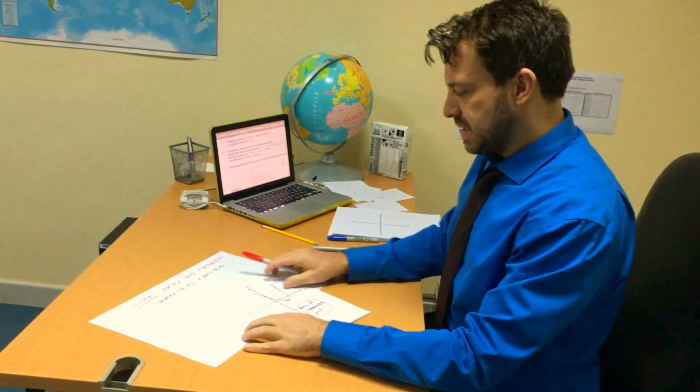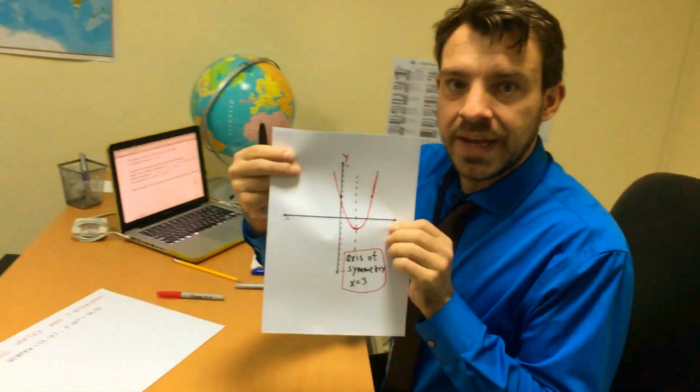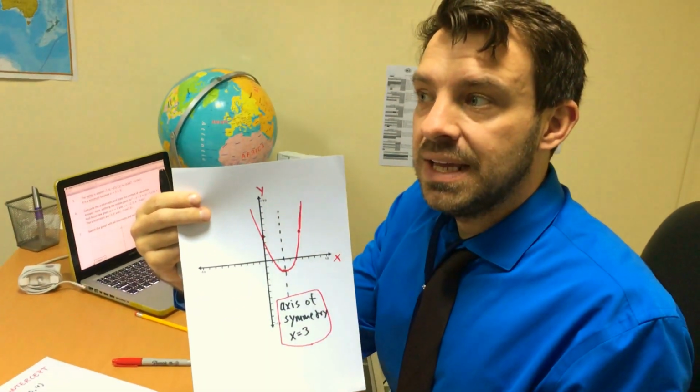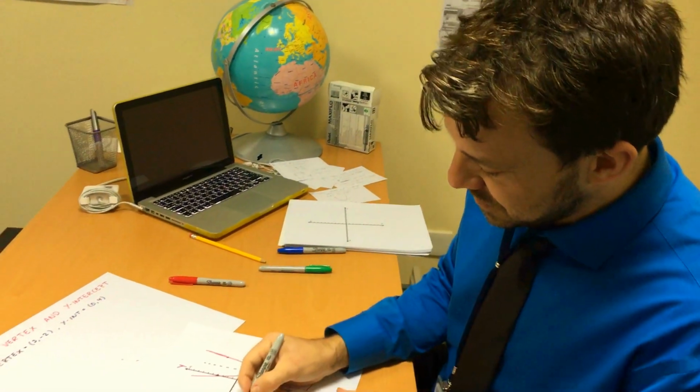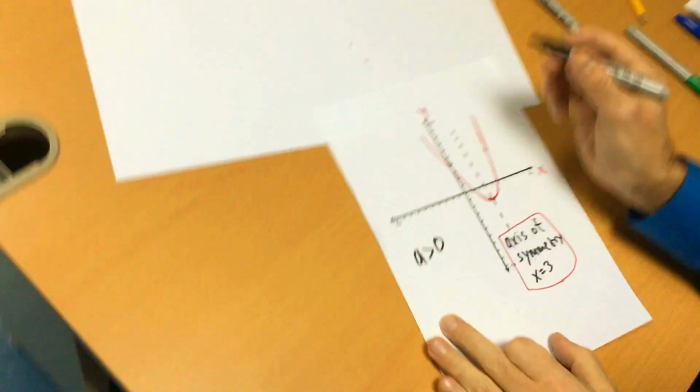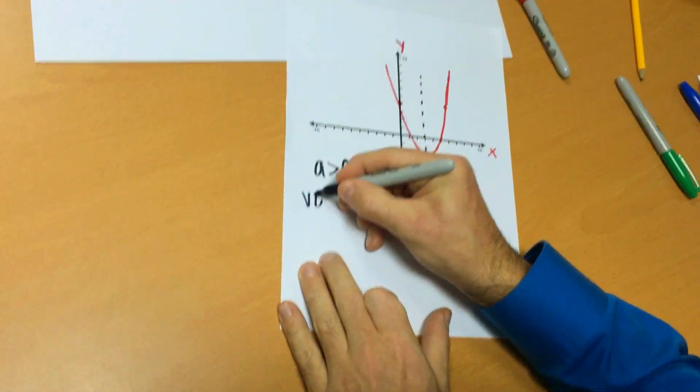So we can see instantly on this piece of paper that the parabola opens upward, so a is larger than 0. Yes, you got it correct. So a is larger than 0.